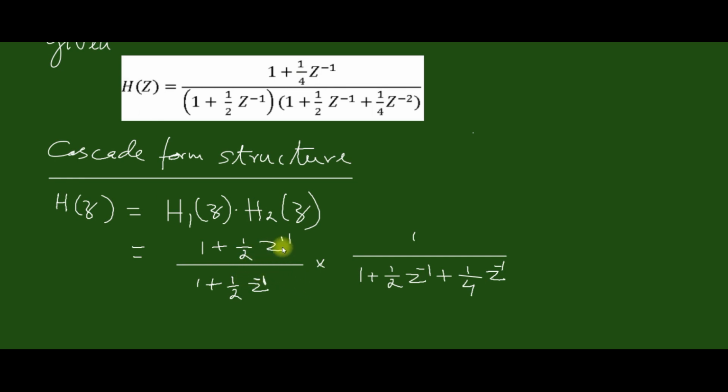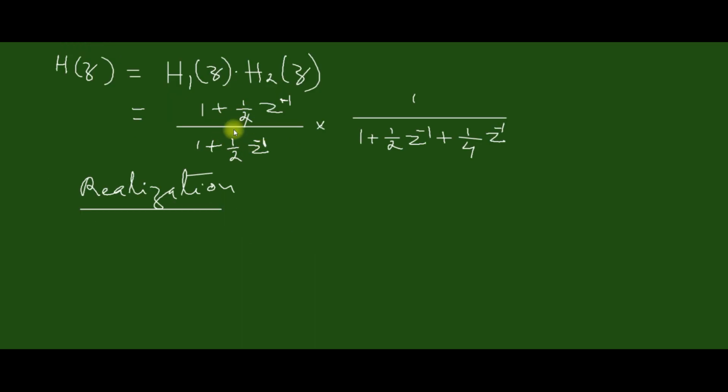H1 of z is (1 plus 1 by 4 z inverse) divided by (1 plus half z inverse), then the second factor.